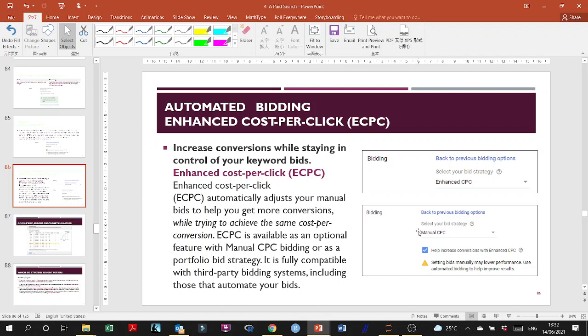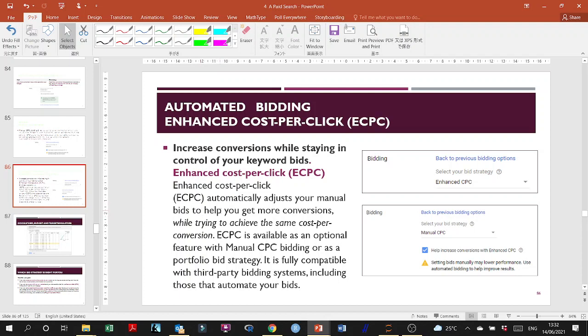How does this work? It's available on manual CPC bidding, or it's also available as a portfolio. It's fully compatible with third-party bidding systems, but it's not widely used because it still needs a lot of monitoring.